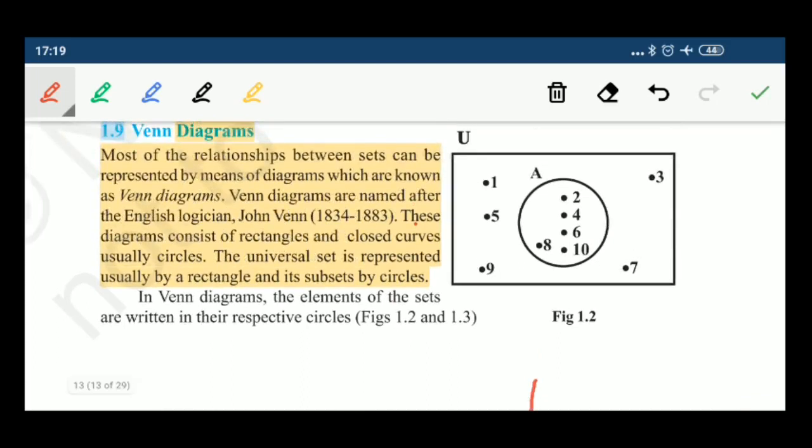Its diagram is this one. You can see all the numbers of the universal set are here inside the rectangle: 1, 2, 3, 4, 5, 6, 7, 8, 9 and 10. But inside the circle only 2, 4, 6, 8 and 10.